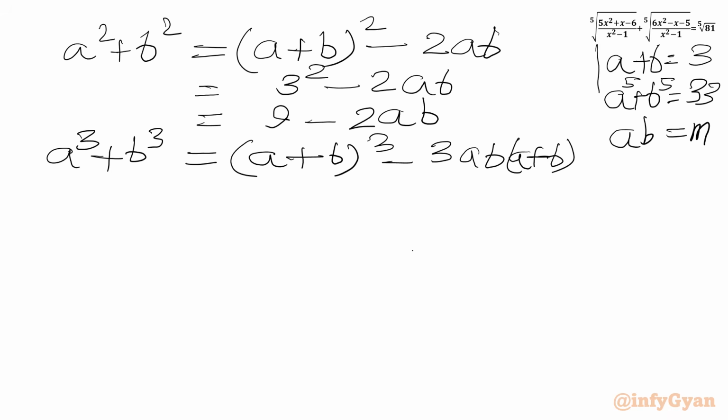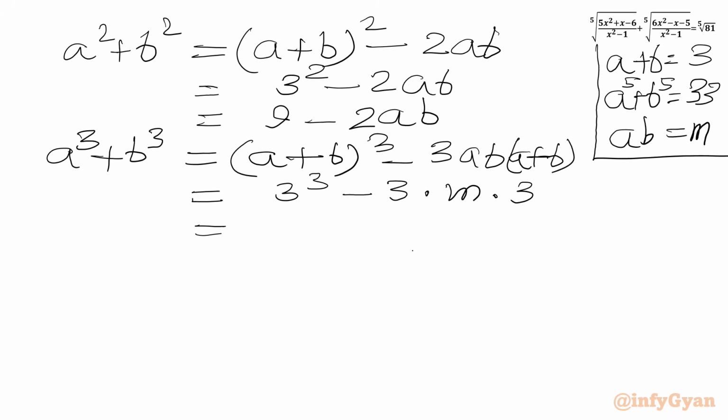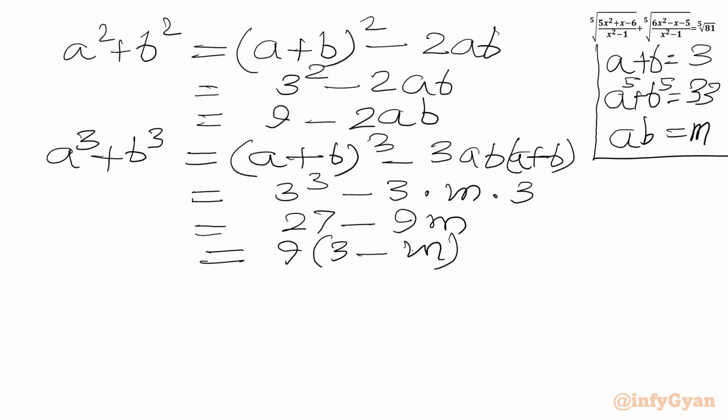Let's plug in all the values. A plus b is 3. We'll write 3 cube minus 3 times ab is m, a plus b is 3. So we can write here 27 minus 9m. We will take 9 common out, so in the bracket there will be 3 minus m.